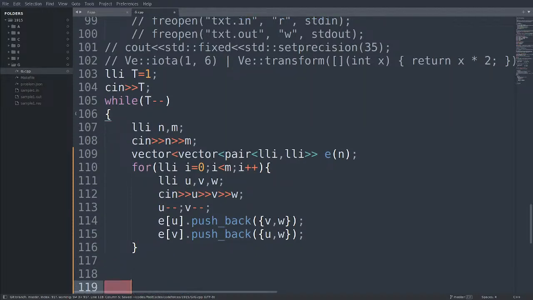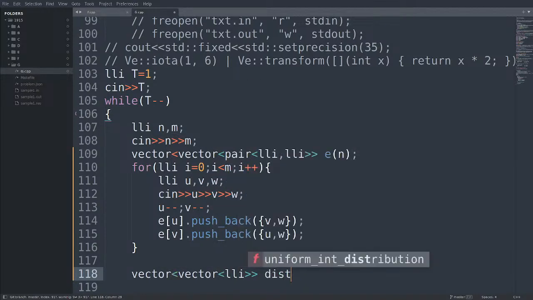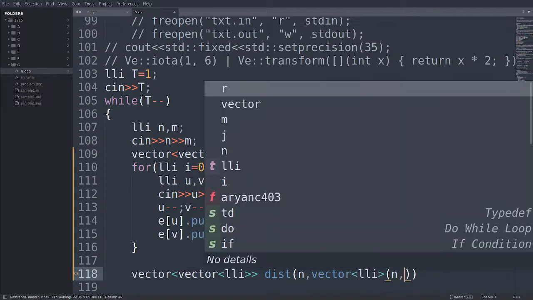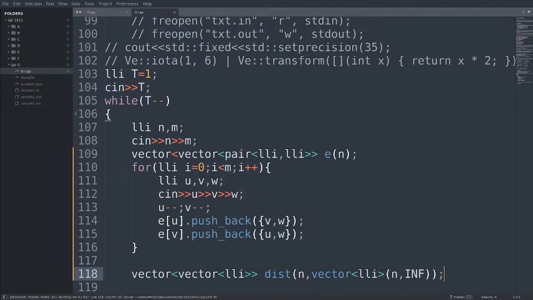After taking everything as input, I need a distance array where I will find the shortest path between all of the nodes. I can just mark everything as infinity. For that, I will code Dijkstra over here.